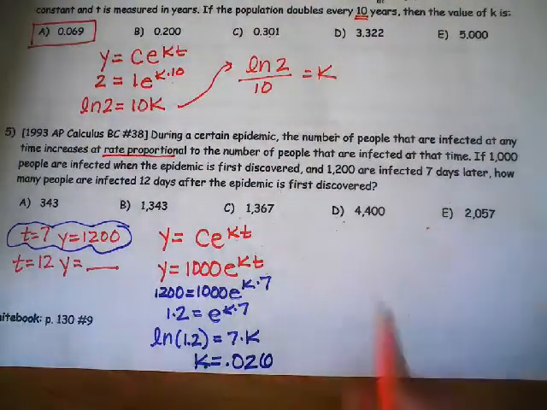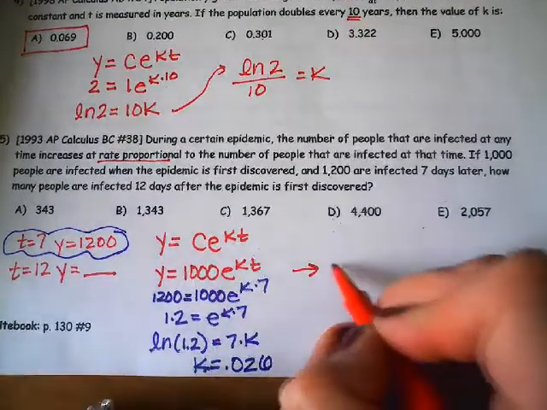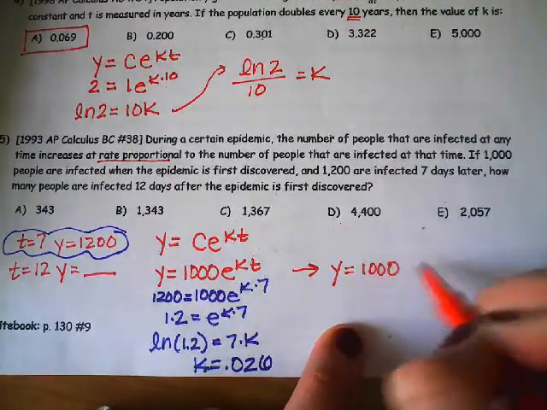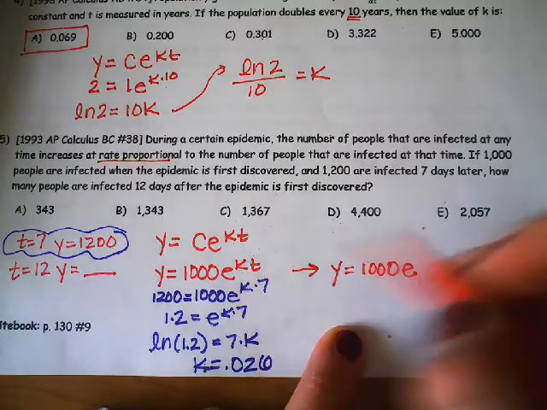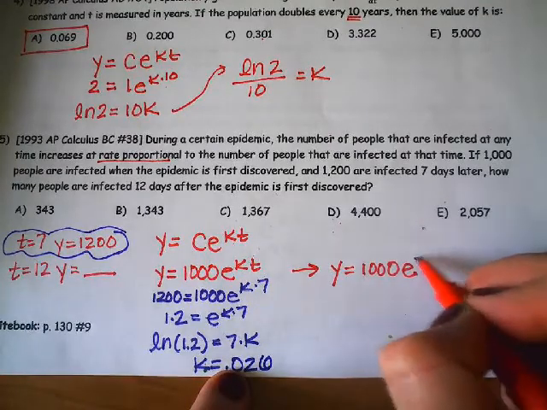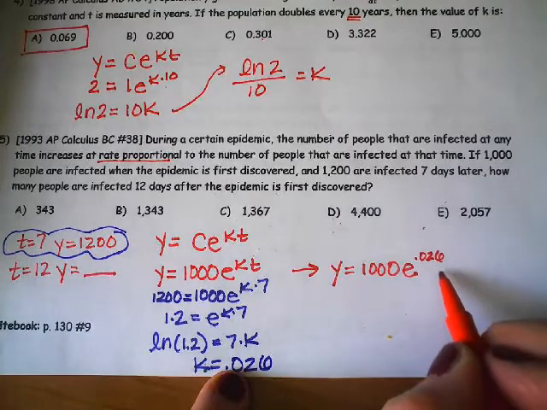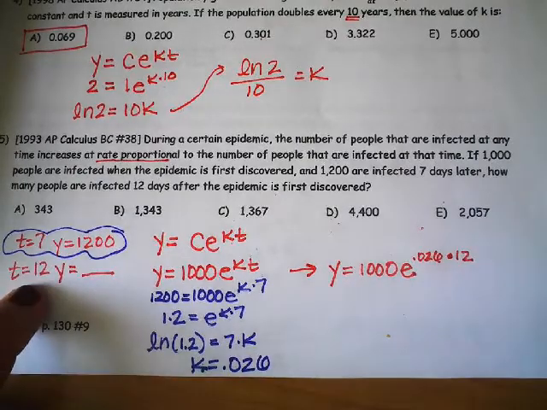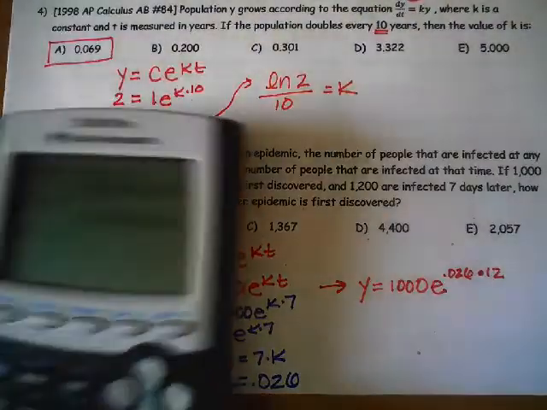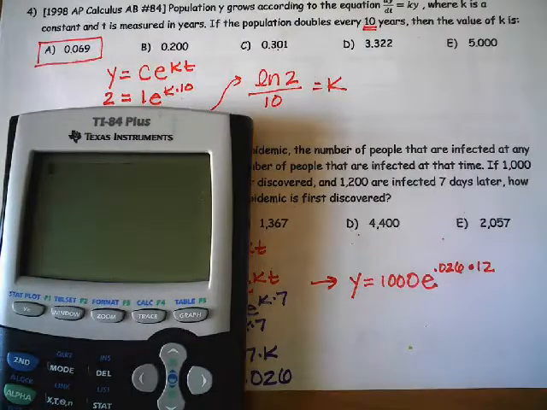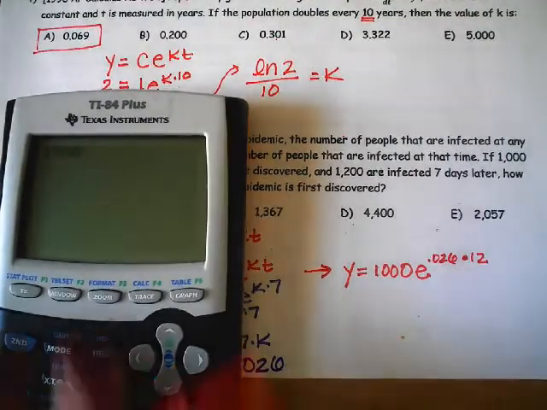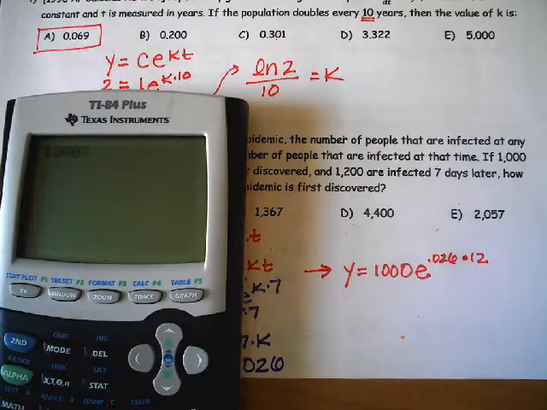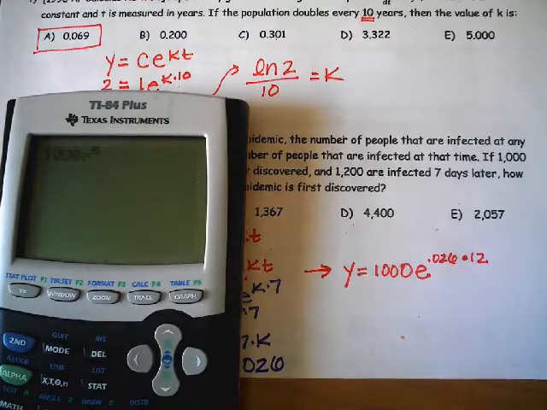So now I'm going to go back to this equation. y equals 1,000 e to the k, I now know what k is, times t. And I want to know how many people are infected after 12 days. So I'm putting 12 in for t. So into my calculator, I'm going to do 1,000 times e raised to the k, which remember we have stored, times 12.